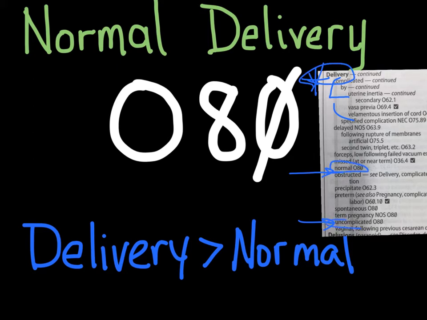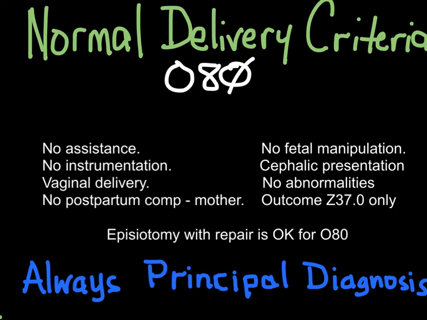It is important to understand all of the criteria that must be documented in order to correctly use the O80 code for a normal, uncomplicated delivery. These criteria include the following, and please remember that all of these come into play. So there's lots of things to consider when we make that final determination if we can use this O80 code.